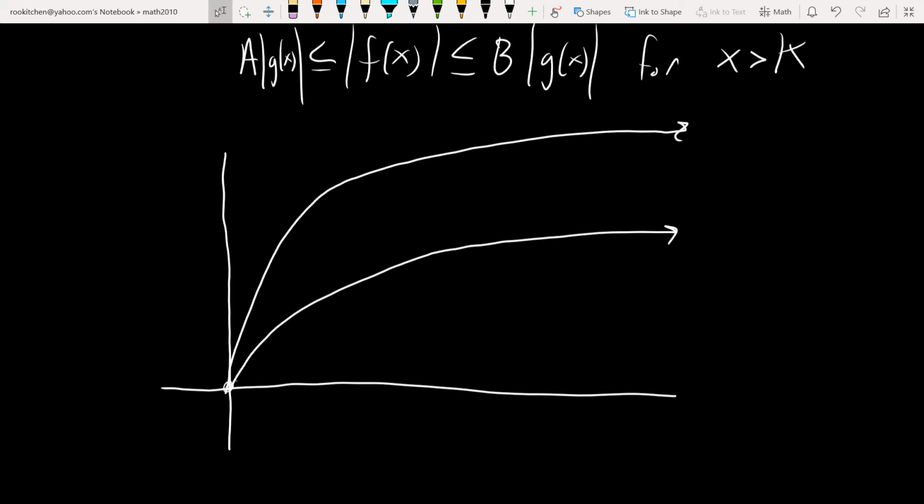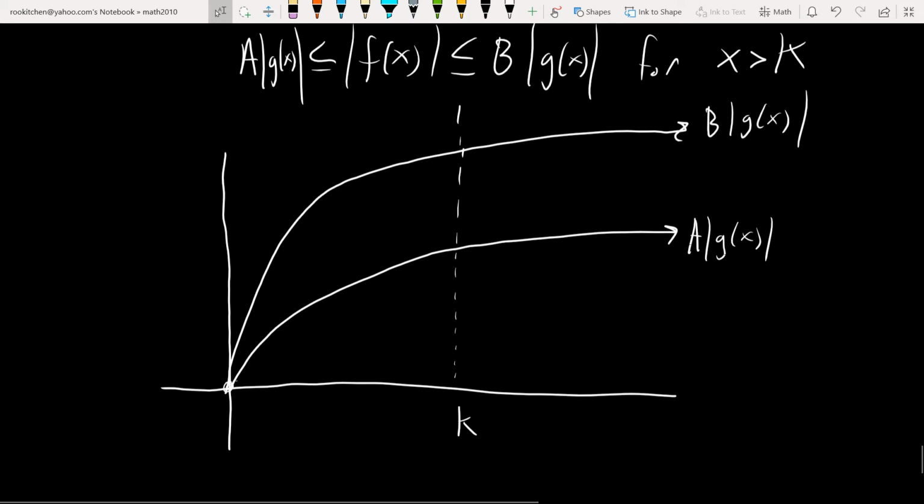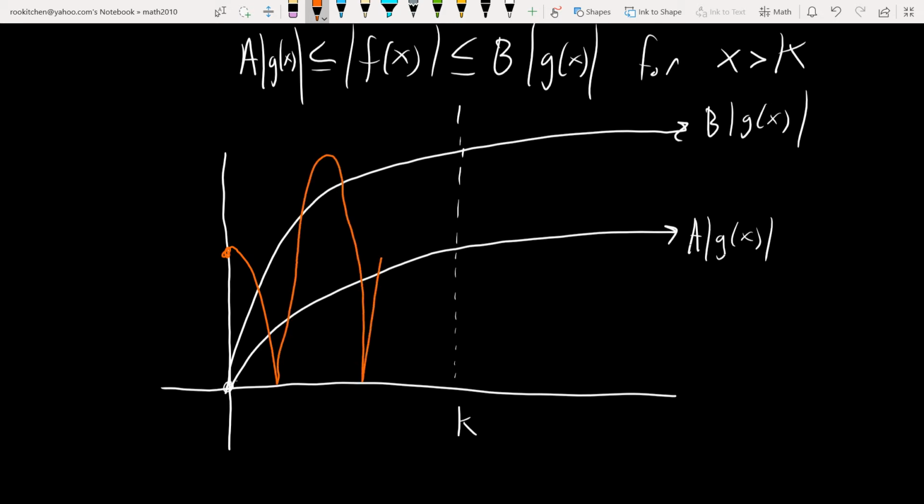So the bottom one is a times the absolute value of g of x, and then the top one will be b times the absolute value of g of x, and then we have our f of x, which eventually is bounded by those two functions once we go past k. I maybe put it in a different color this time. So here is our f of x kind of bouncing around, doesn't know what it's doing, and then all of a sudden it's kind of trapped. Maybe it's doing something weird like this, but it's always trapped. So here's the absolute value of f of x.